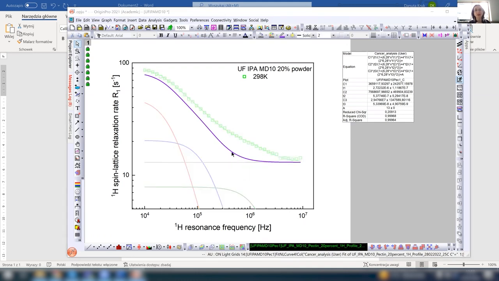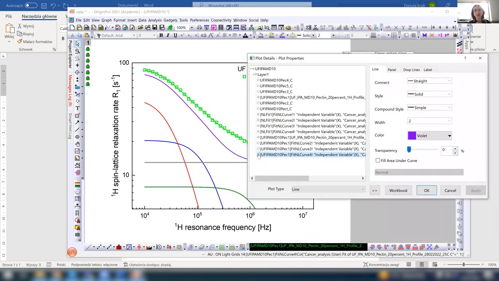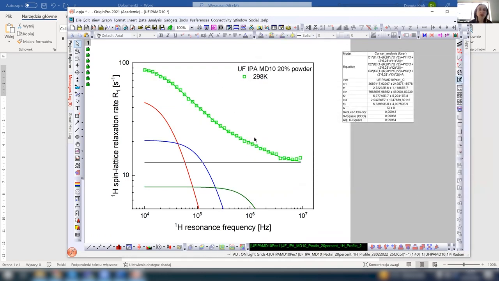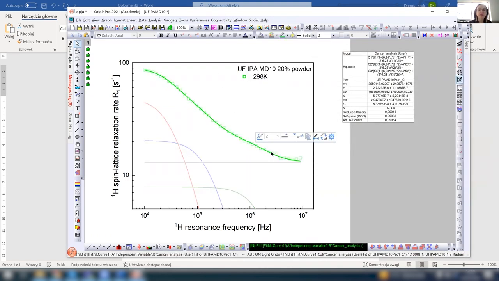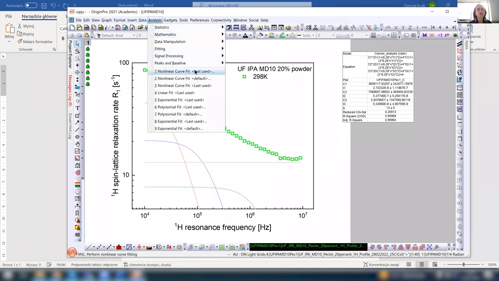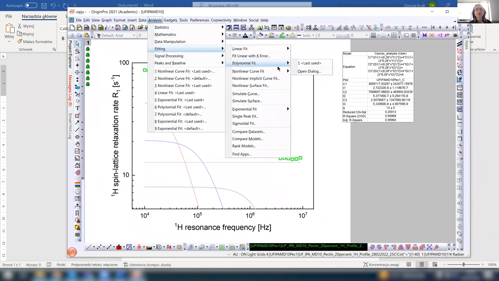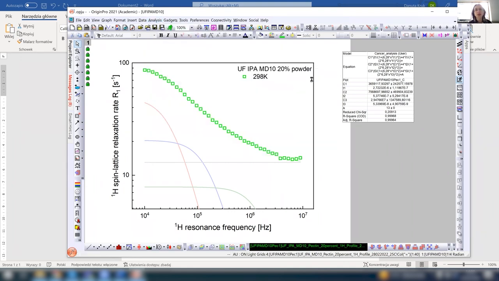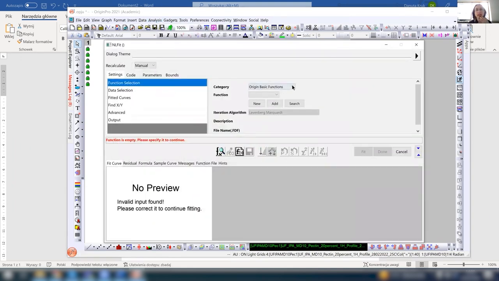So the best fit which I could get using only 2 contributions, let me make it like that. This will be the last attempt. Analysis, fitting. It's not so easy.